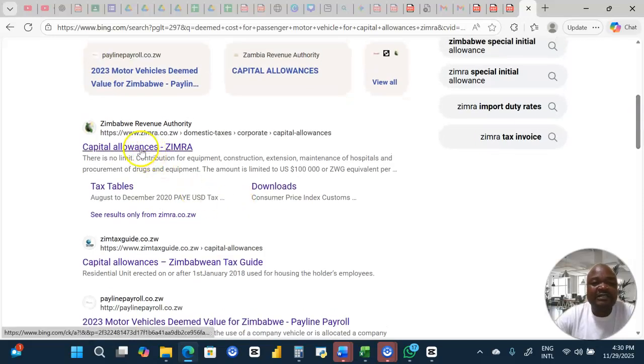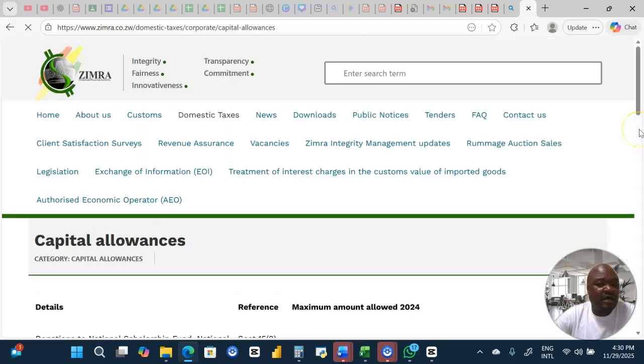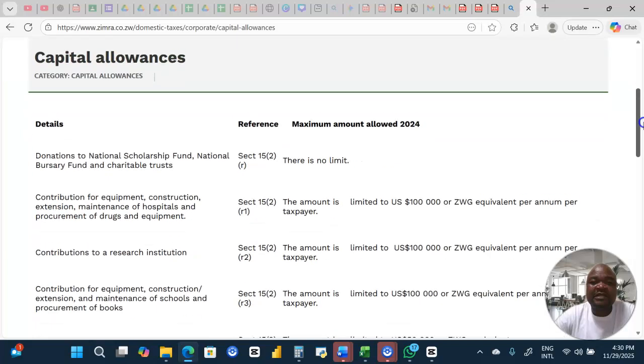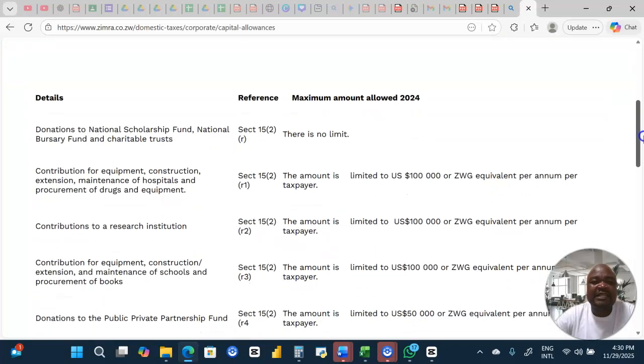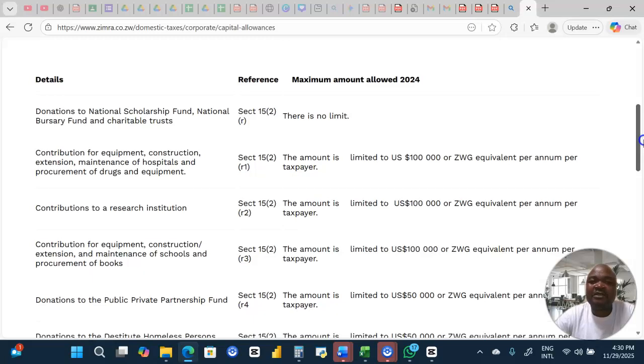On capital allowances from Zimra, they're not saying anything about passenger motor vehicles.